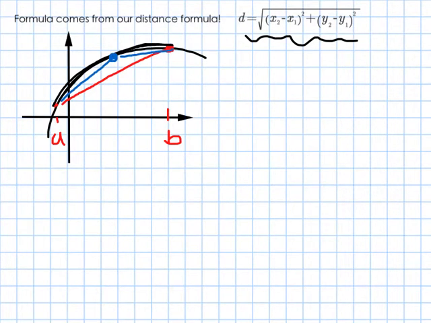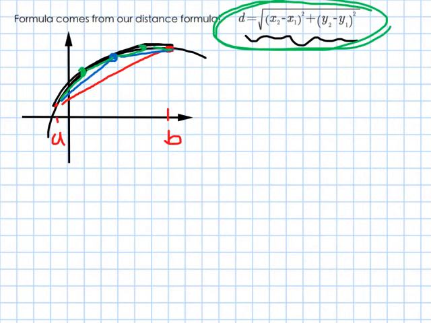If I want a better approximation, I would just use more line segments. So if I connect here and find that length, and that length, I would get a better approximation, and I can keep doing more and more line segments, always finding the length of each line segment by using our distance formula.